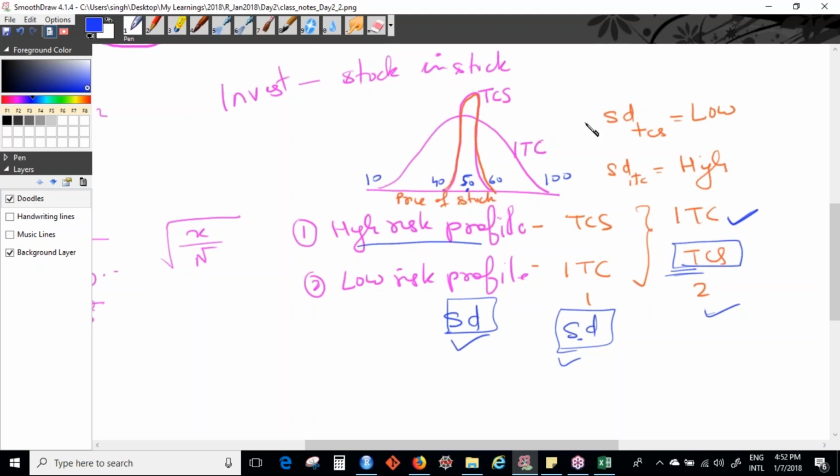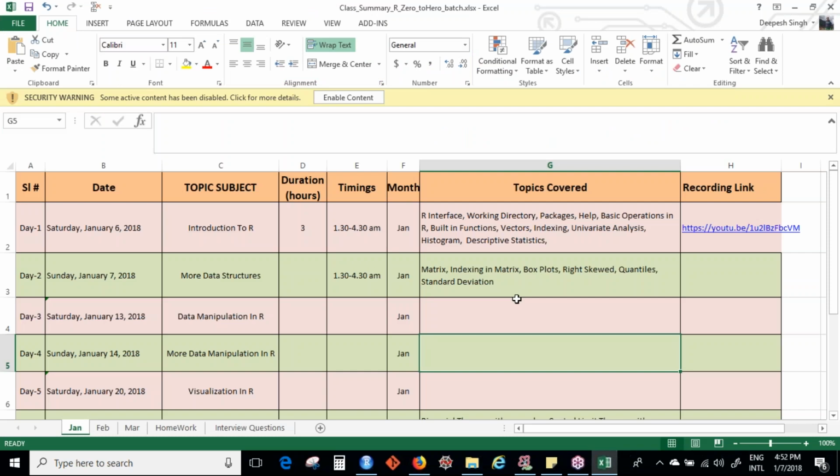Okay, so standard deviation or variance both measure the same thing. So that is very important. Okay guys, so this is a usage of standard deviation or variance. So I think that is all I had for today's class. Any doubts if you have, you tell me, or I will start revision now.